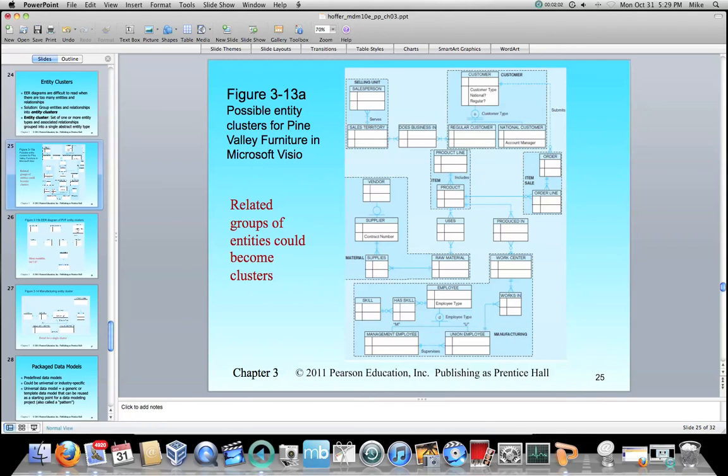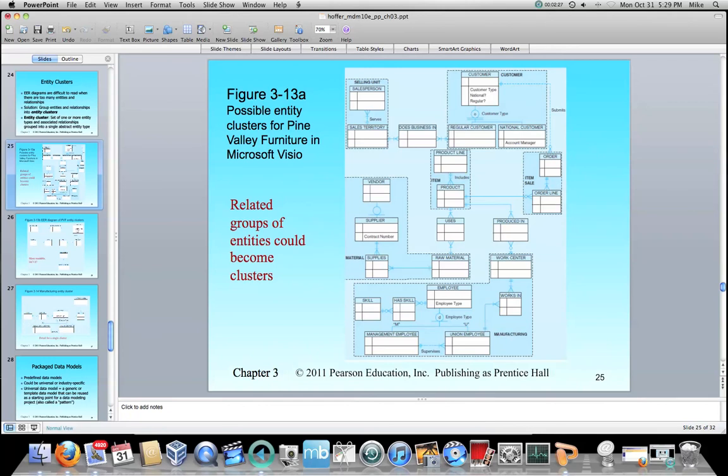For instance, if you look at salesperson and sales territory, we can cluster them together and say that this is a selling unit. Then we can cluster customer, the regular customer and the national customer, and make that one entity called customer. You get the idea. I'm not going to go crazy with this.